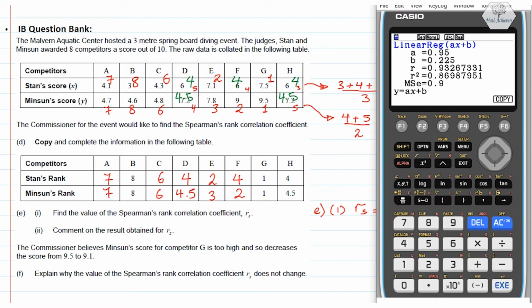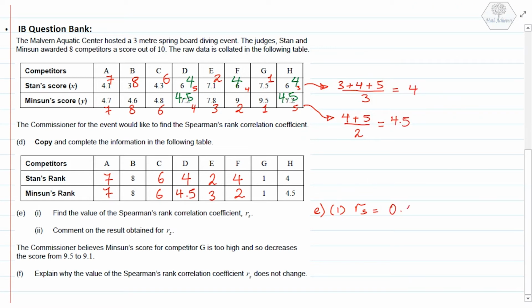So the value of R is 0.933. Part E, section II, we need to comment on the value of R. This is positive. So we say that there is a strong positive correlation between the two scores.